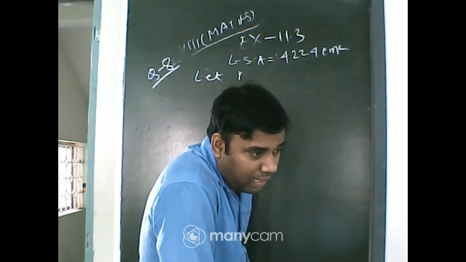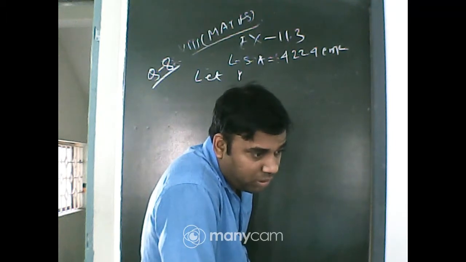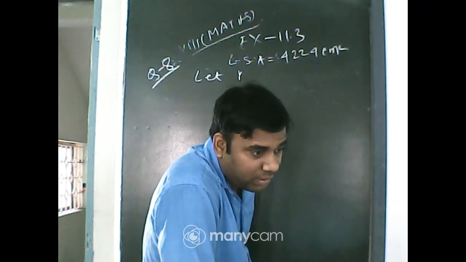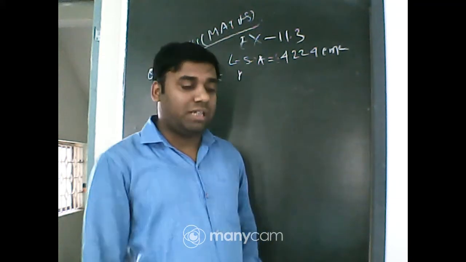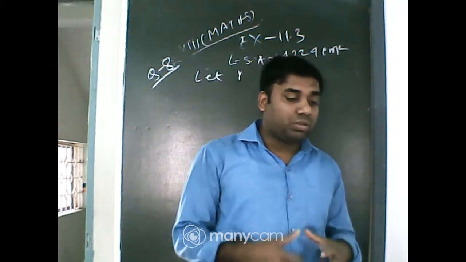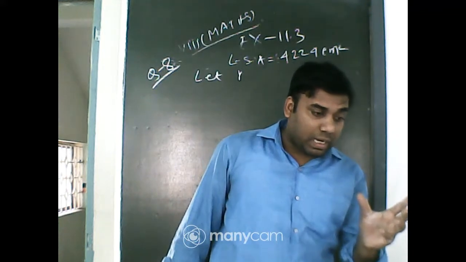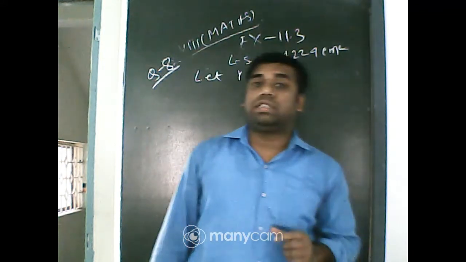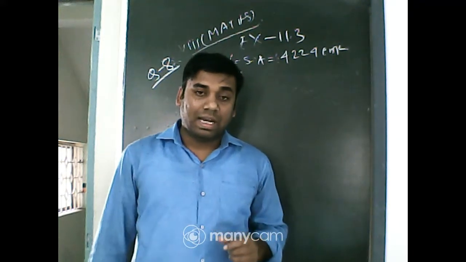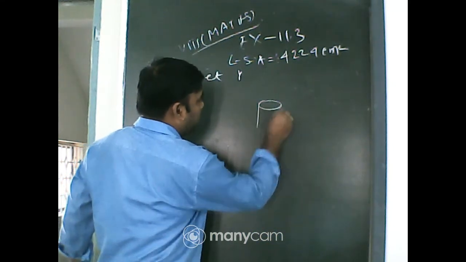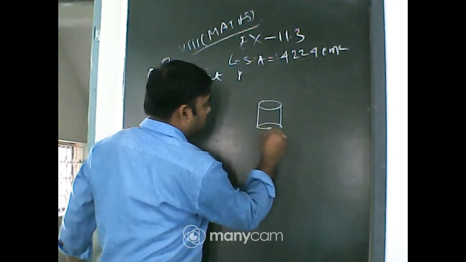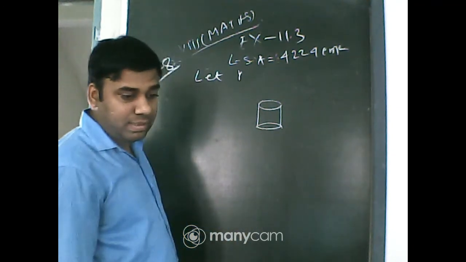It is cut along its height and formed a rectangular sheet of breadth. We need to understand what is meant by cut along its height. Okay, students, one cylinder is there.